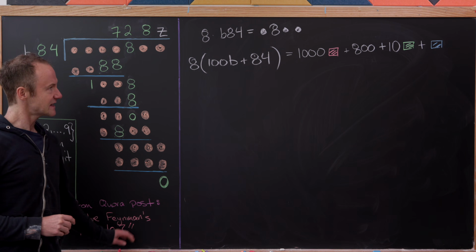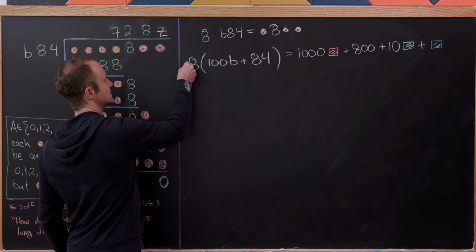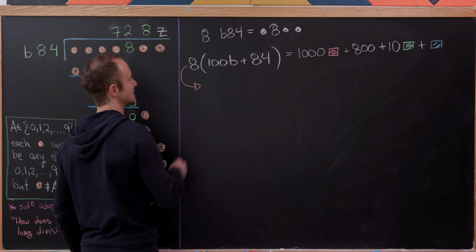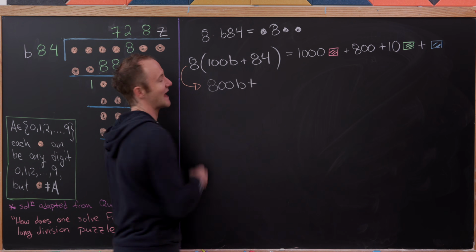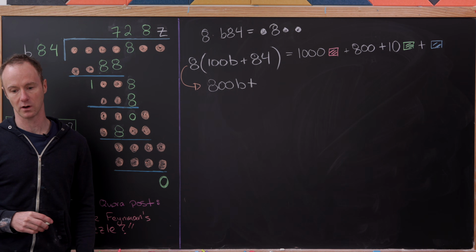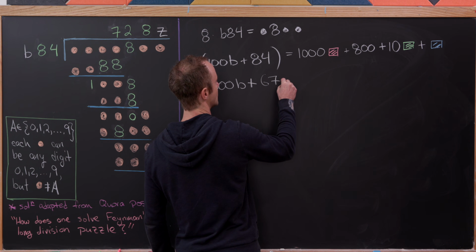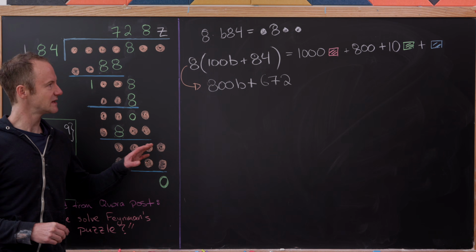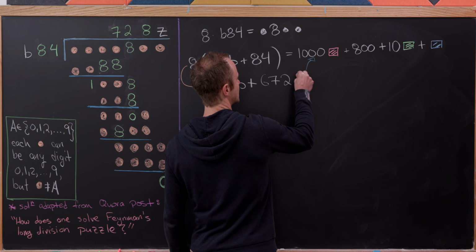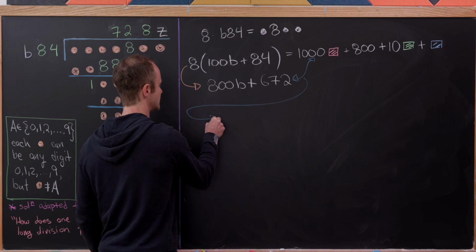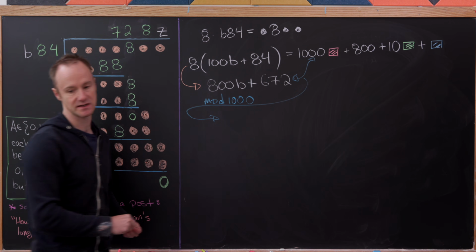And now the next thing to do will be to expand out this left-hand side. So let's see, expanding out this left-hand side, we'll have 800b plus 8 times 84. But 8 times 84 is 672, and now let's take the resulting equation, which is taken from looking at these two sides, and we'll reduce this thing. Now it'll be mod 1000.